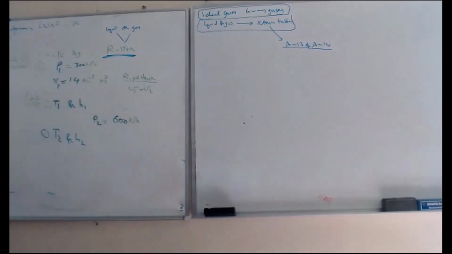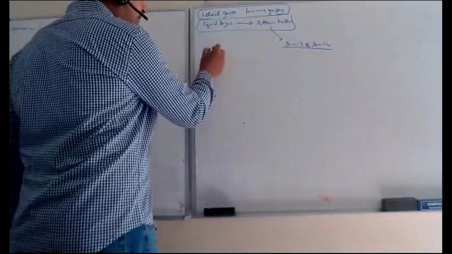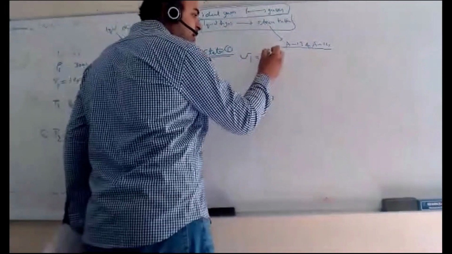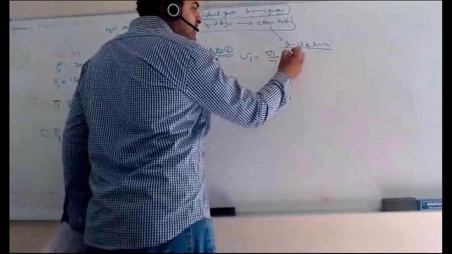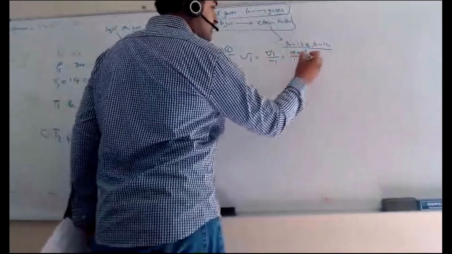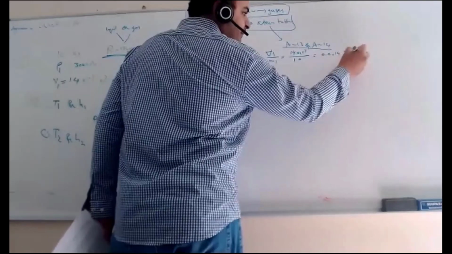Given volume and mass, you can easily say, for state 1, we have V1 over mass 1, which is 14 liters divided by 10 kilograms, so it's 0.0014 meter cubed per kilogram.